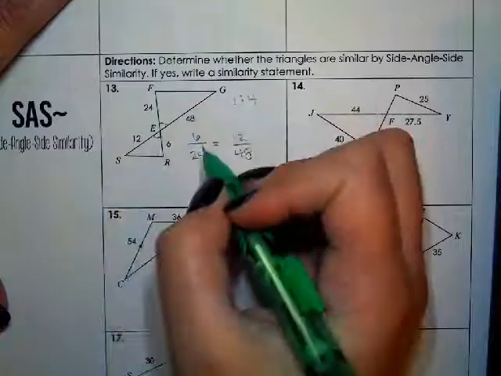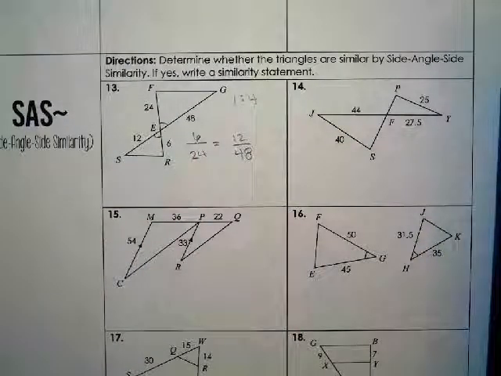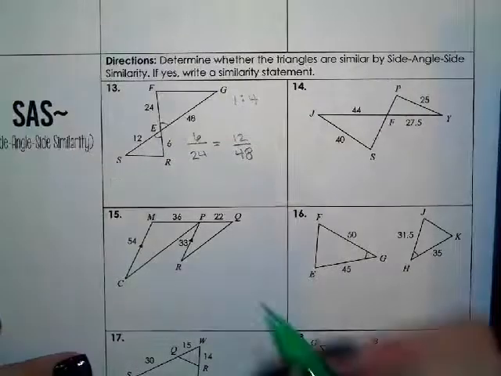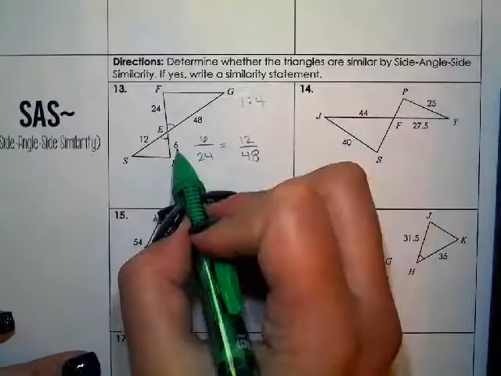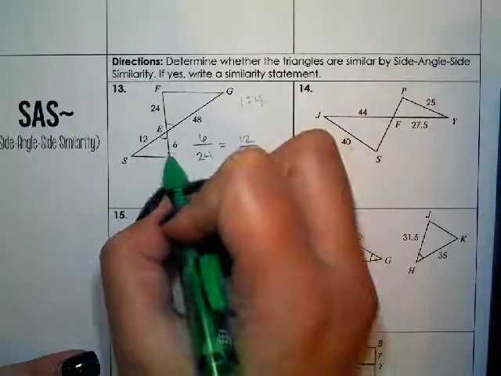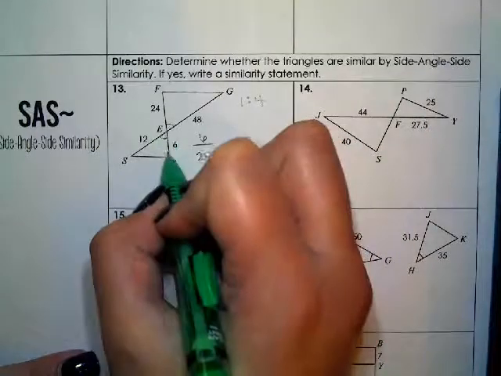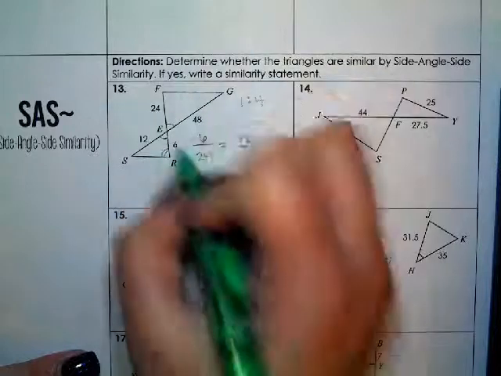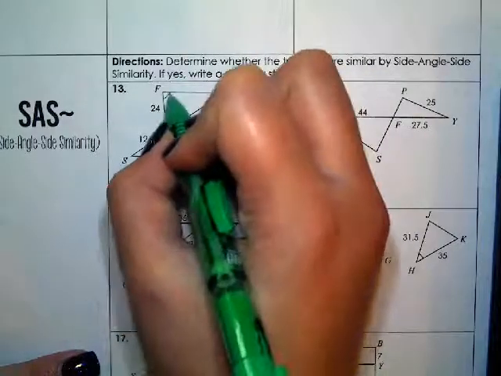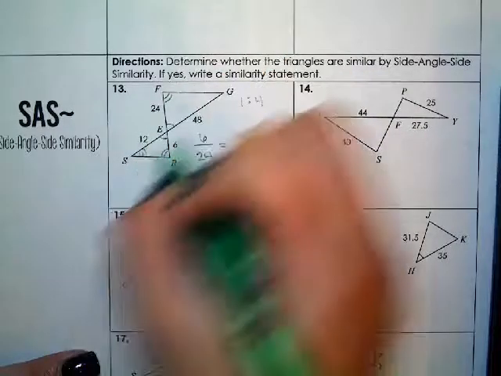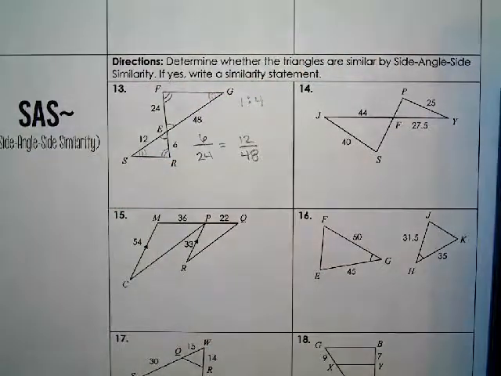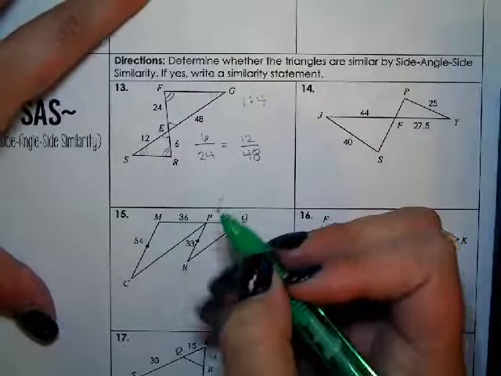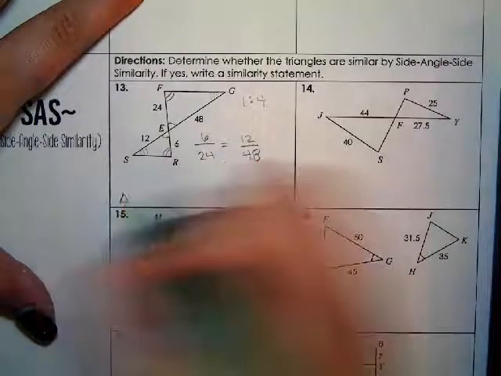And I'm going to go ahead and label the remaining angles that are similar to each other, just so I know how to write that similarity statement. So the small side had the R and the E with it, so I'm going to go ahead and label these. This was the small side, had the F, and then I'll label these. I'm labeling those angles strictly to write my similarity statement, not because they were given in the problem, okay?